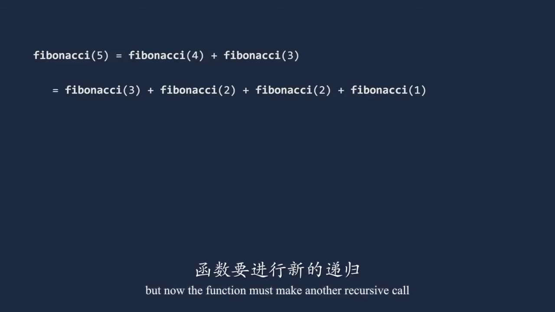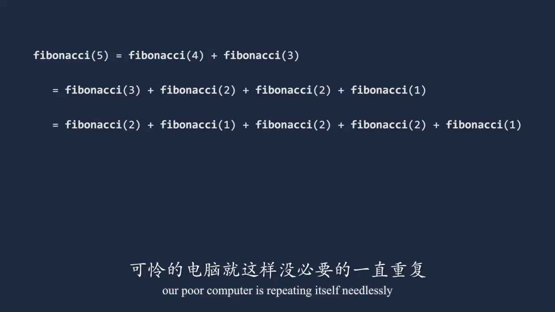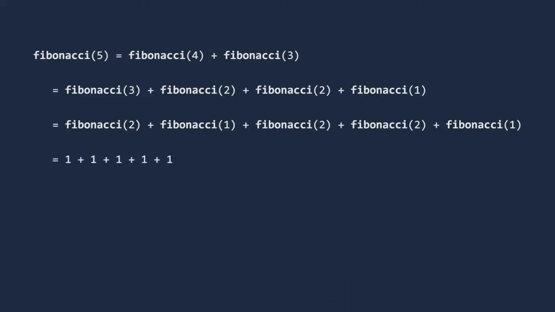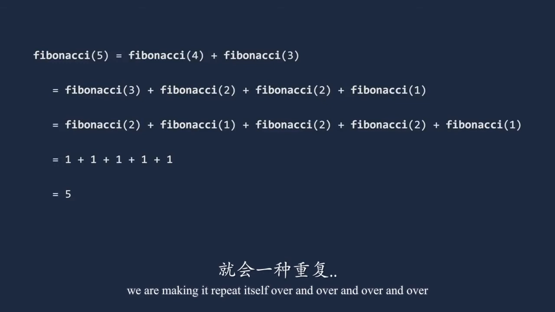But now the function must make another recursive call because Fibonacci 3 equals Fibonacci 2 plus Fibonacci 1. Our poor computer is repeating itself needlessly. Since Fibonacci 1 and Fibonacci 2 are both 1, we finally get the answer, 5. Our simple recursive function is careless. We are making it repeat itself over and over.